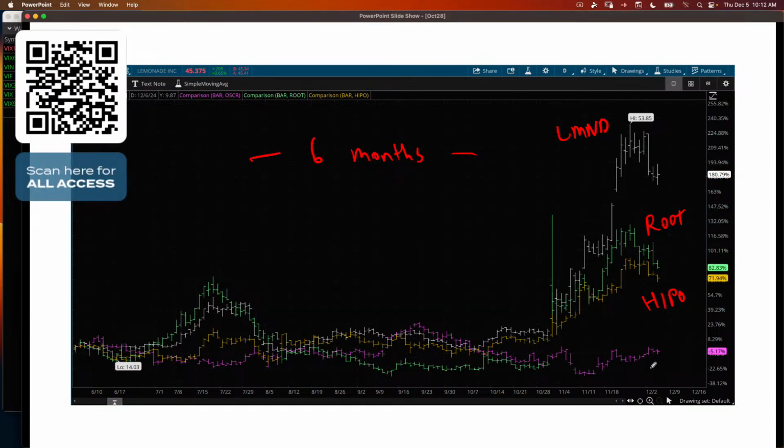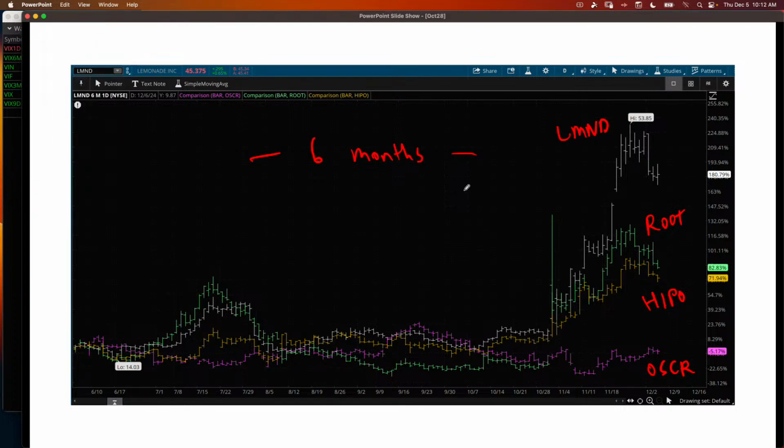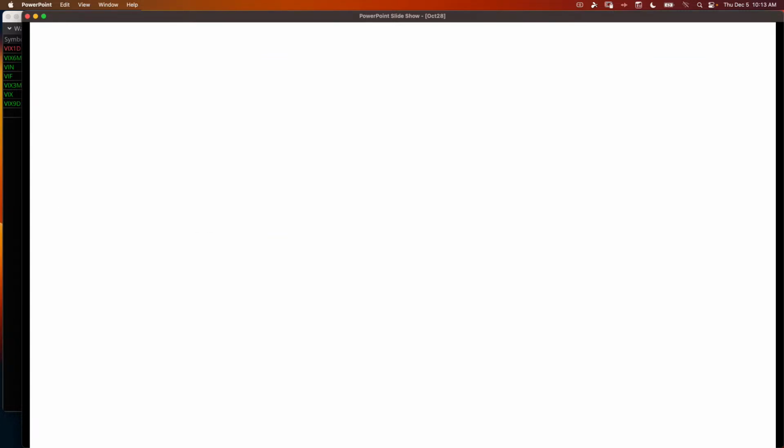And then down here, we have Oscar. So there you go. That's an analysis of how we look at a name once a name shows up on our advanced notice tool. We go through this process, and then once I find the goods, I jump in and I share a trade with our advanced notice members.